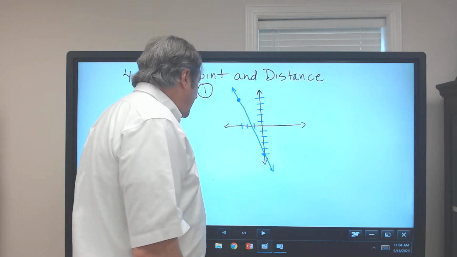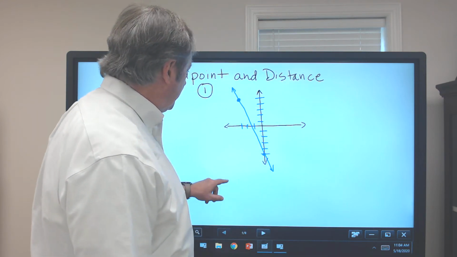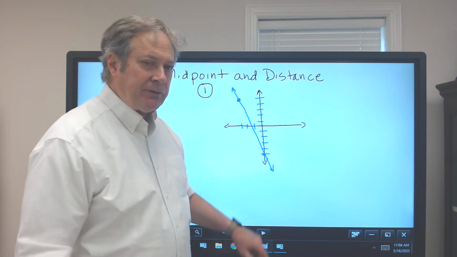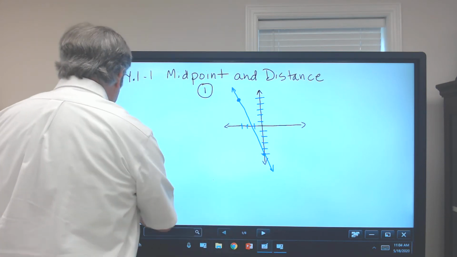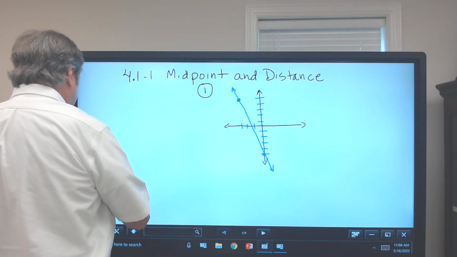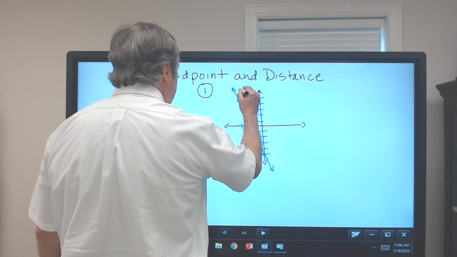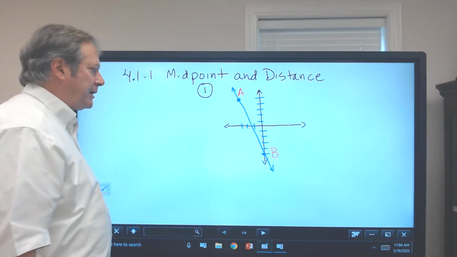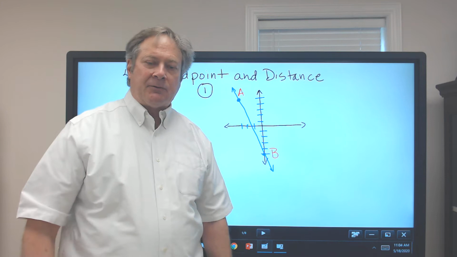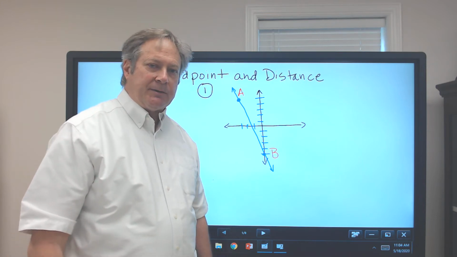All right, when we talk about the midpoint, for instance, on this one, we want to find what's the halfway point between that dot and that dot. In fact, I like to label, so we'll call that point A and call that point B. Now, to find the midpoint, it's just super easy.